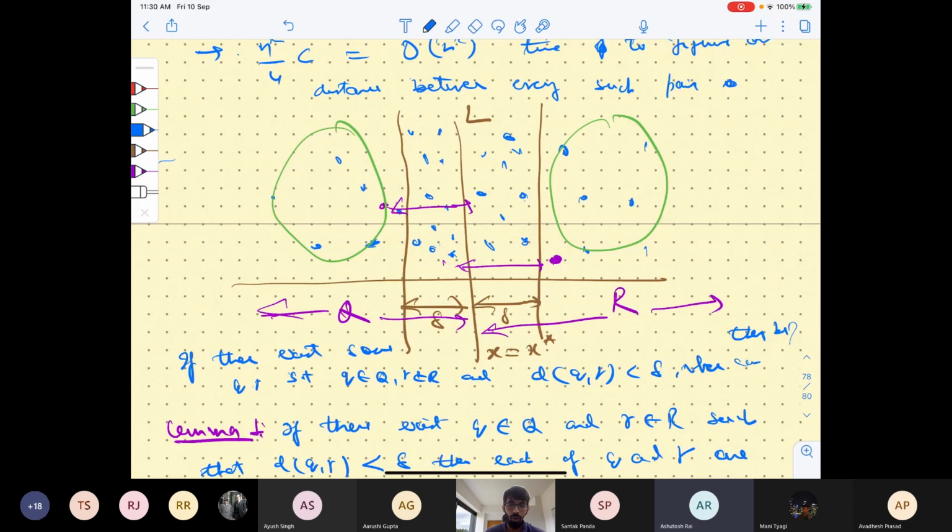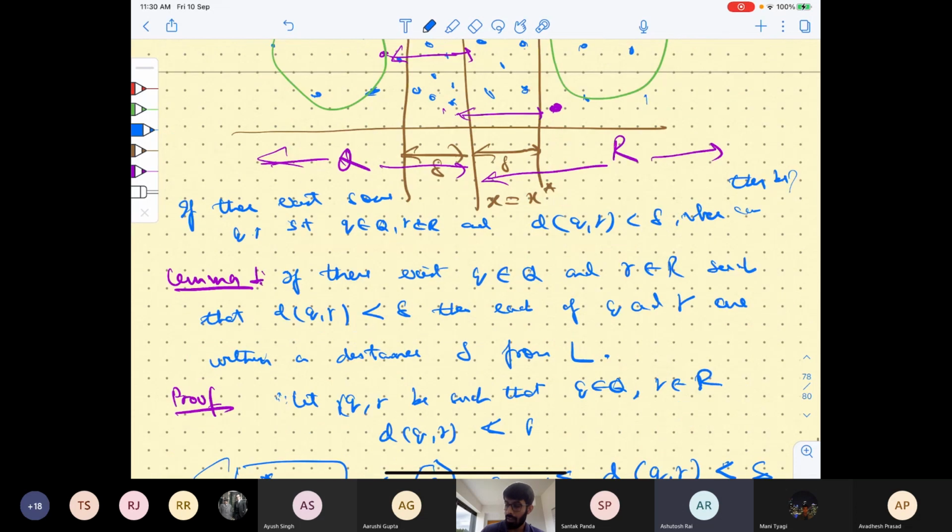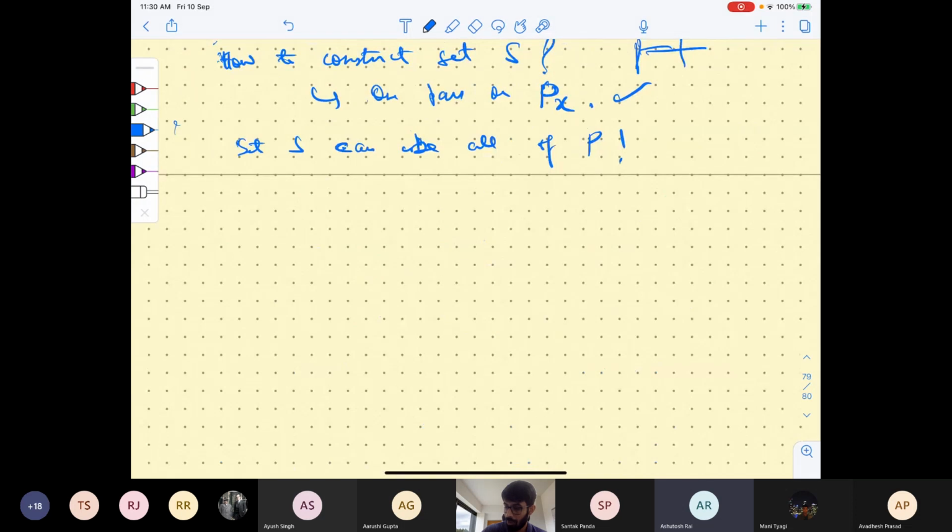So then have we made any progress? Quite surprisingly, we have made some progress. The beauty of this algorithm is that it doesn't seem like we should have made progress here, but we have. And that is what the next lemma will say. It might seem like magic for now, but let's look at the proof.